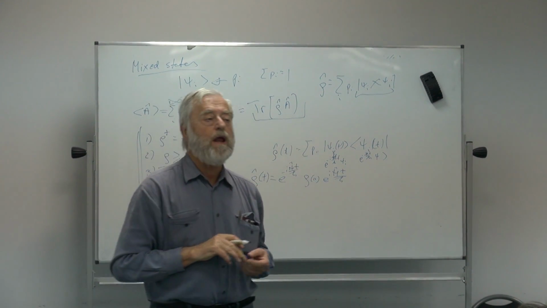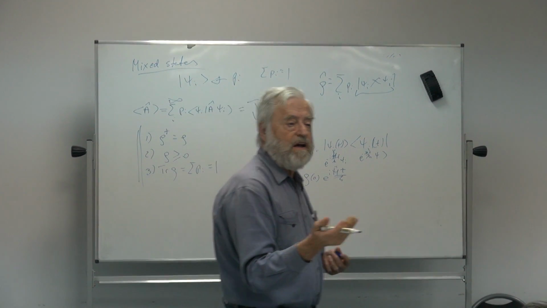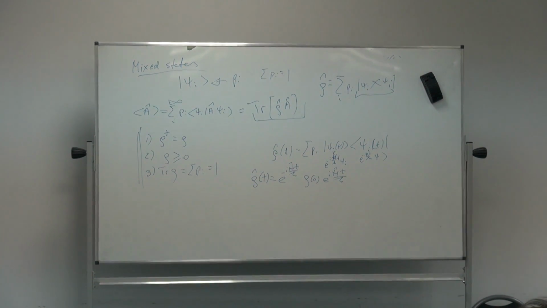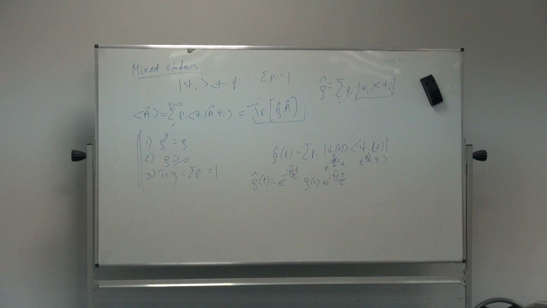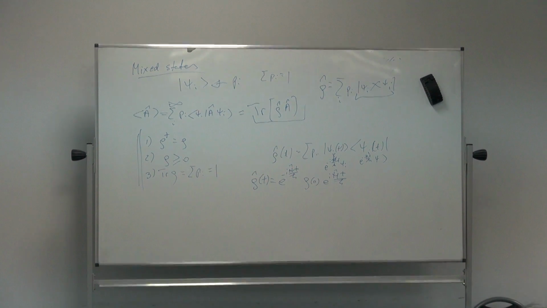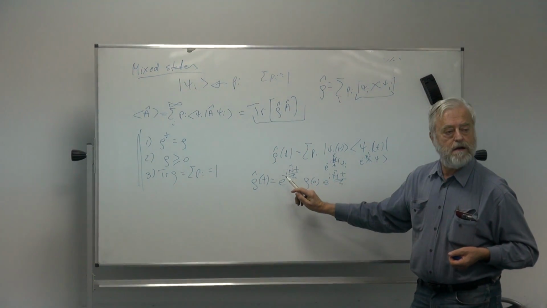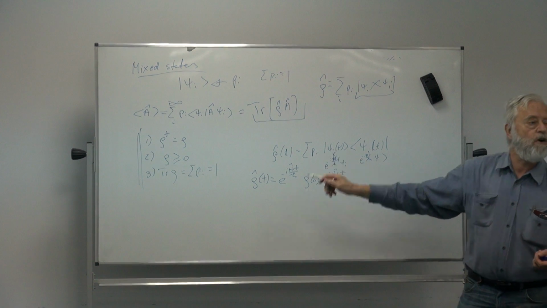It looks very similar to the Heisenberg evolution of the operators in the Heisenberg picture, but please note that the signs are different. In the Heisenberg picture for the operators, I had plus here and minus here, and here it is the opposite.